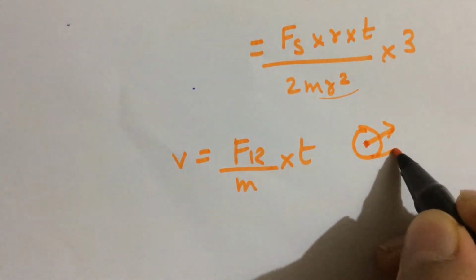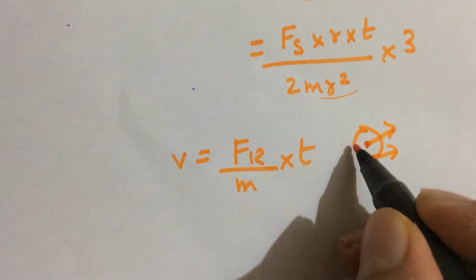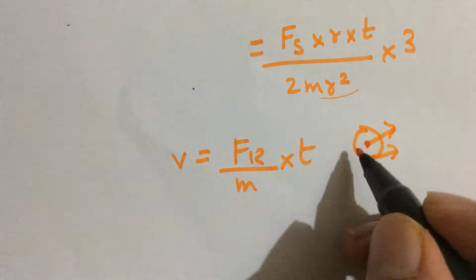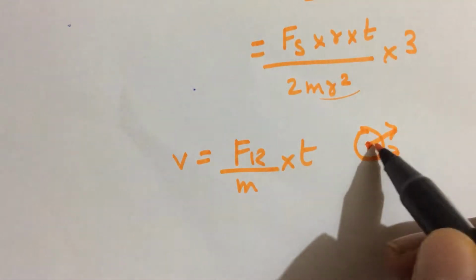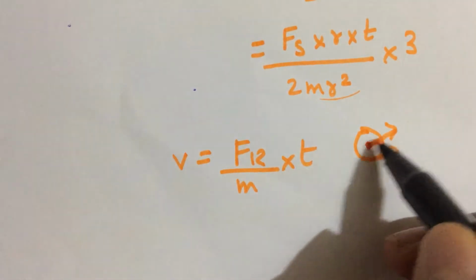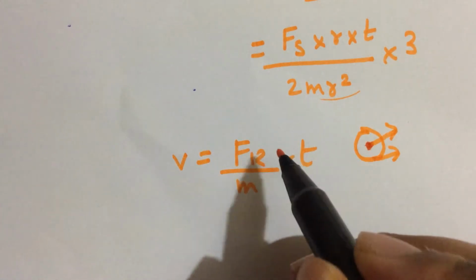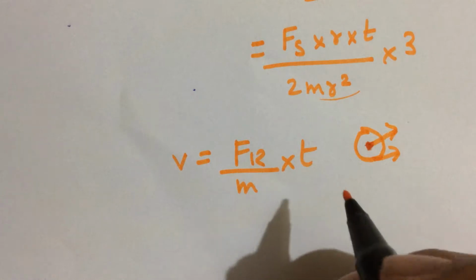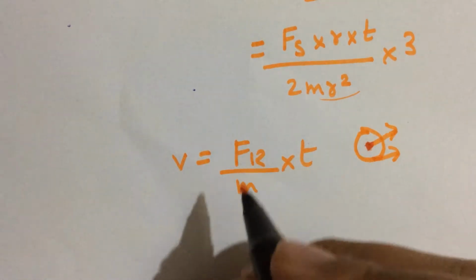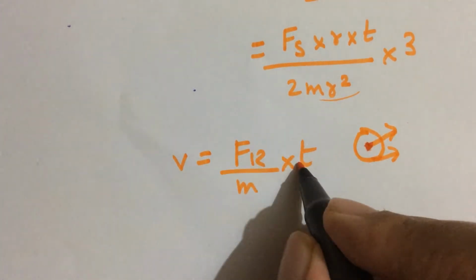There's also a force that is making it rotate. The force that is making it rotate, to make it spin, is Fs. But the force that is making it go forward in the translatory motion is what I've defined as Fk. So V is equal to Fk by m, which gives you the acceleration, force by mass, into time t.